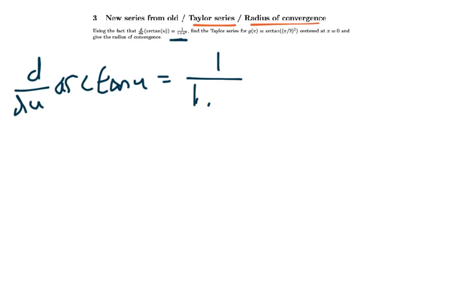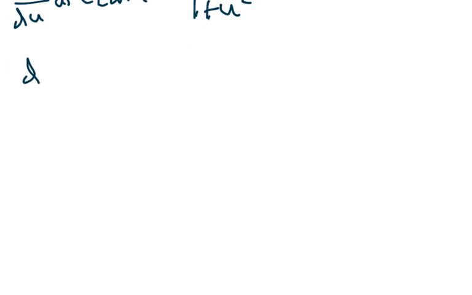So the first thing I'm going to notice, we start with this fact right here: d/du of arctangent of u is equal to 1 over 1 plus u squared. Now the function I really want is arctangent of (x over 2) cubed, so let's see what that looks like. Instead of u, I'm going to use x, of course, because now my function is a function of x.